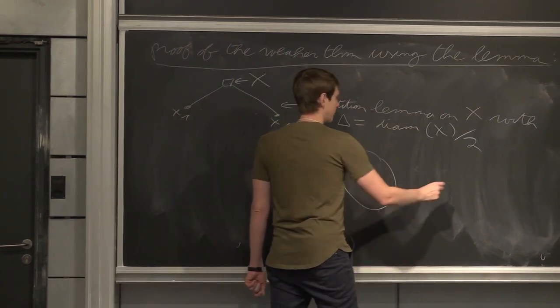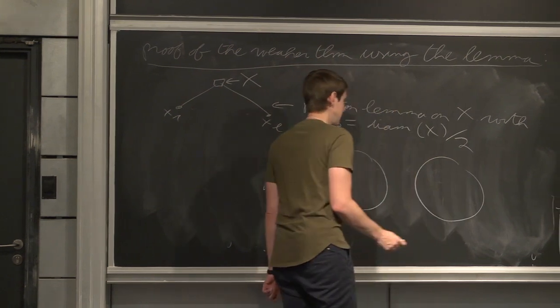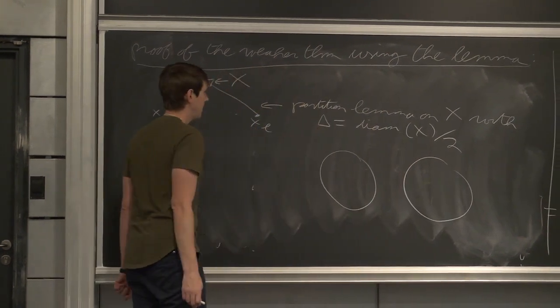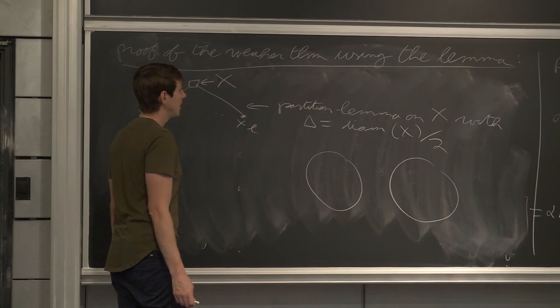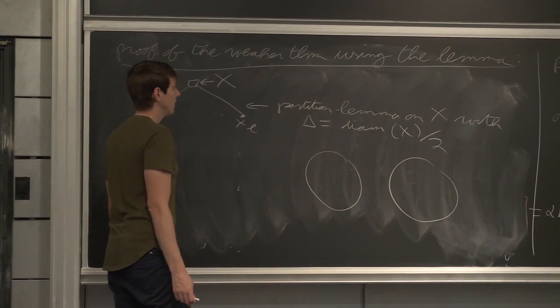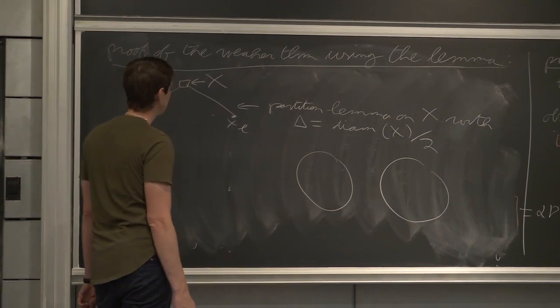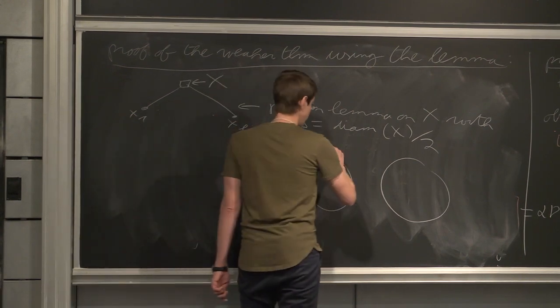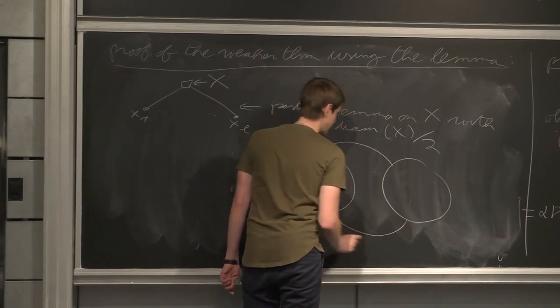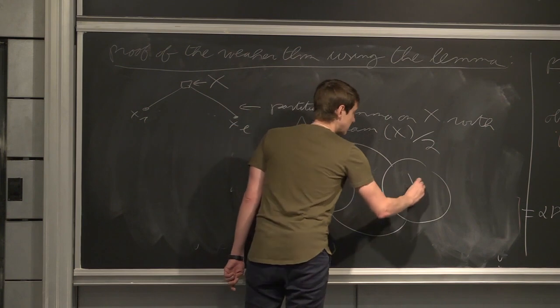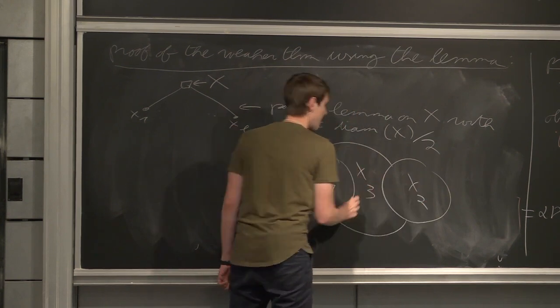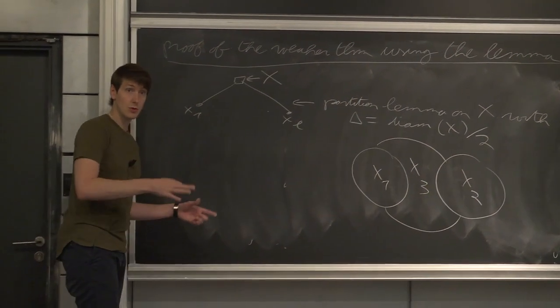I get one thing like that, one thing like this. So this will be maybe x1, x2, and x3. So I get a certain number of them.